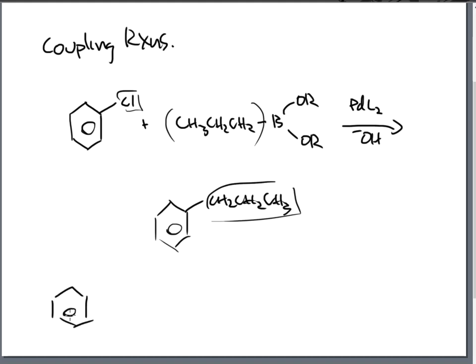Go back and take a look at those metals. Here, let's do bromo instead of chlorine, just to prove a point. And instead of Suzuki with the boron, what was another one of those? Oh, CH3, CH2, CH2 in parentheses with a 2, and a CuLi. Do you remember what that was called? That was a Gilman. What did we do during that time? We said things like aryls will work with these reactions.